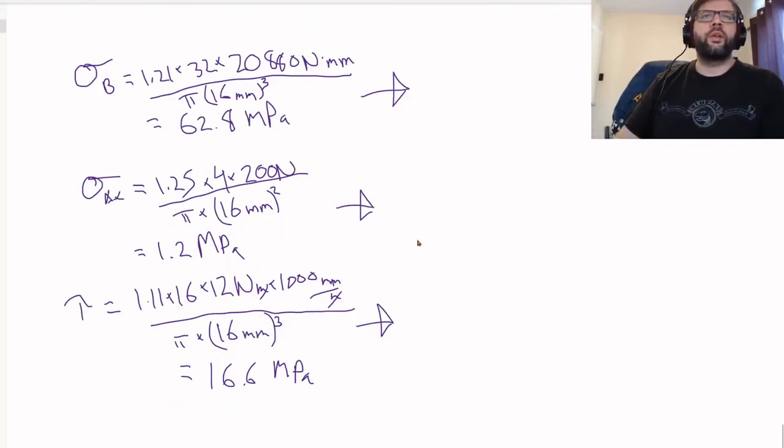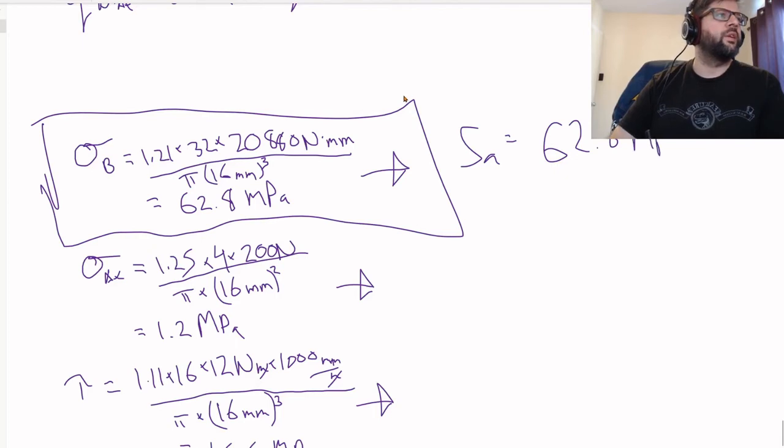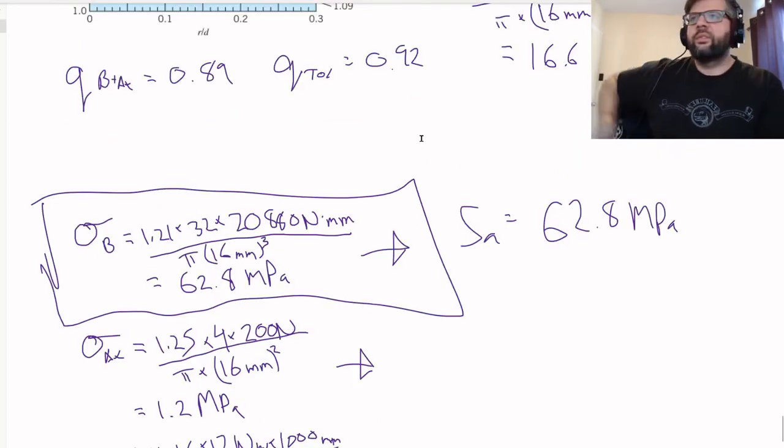So since the bending stress is the only one that has any kind of amplitude portion to it, the SA is equal to the 62.8 megapascals. I could go to the equation that we use to calculate the equivalent amplitude.